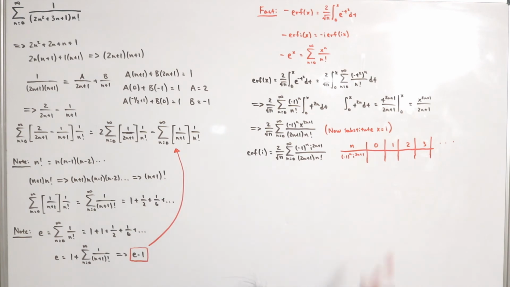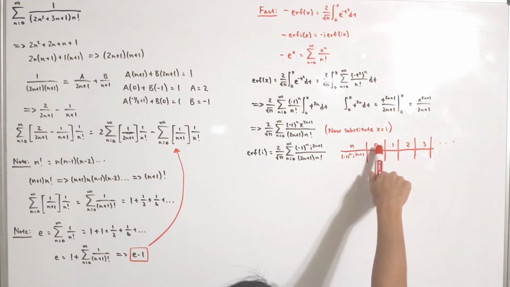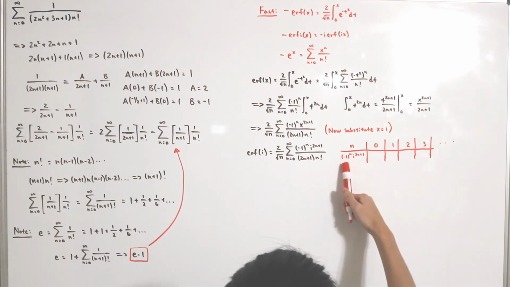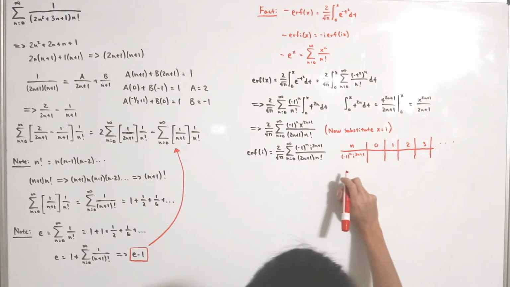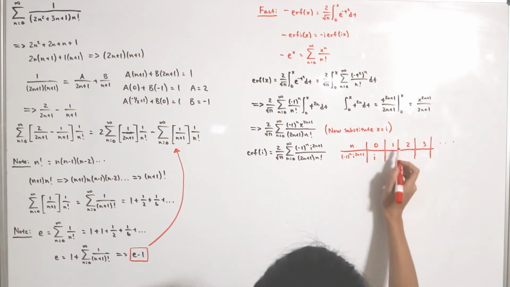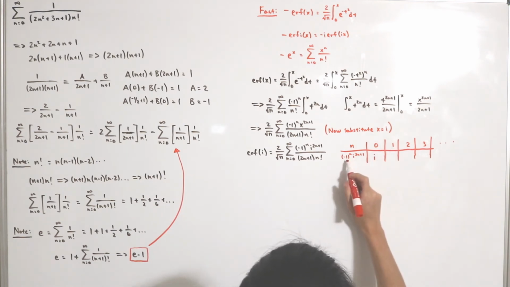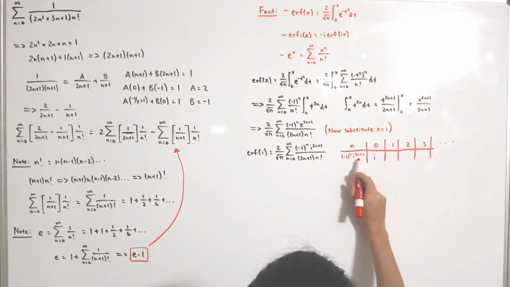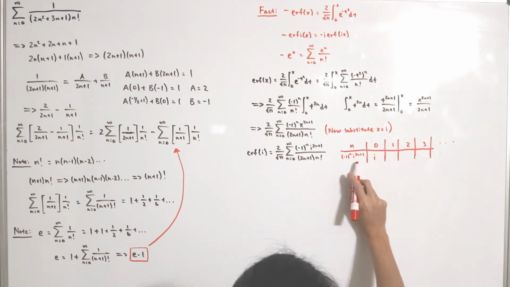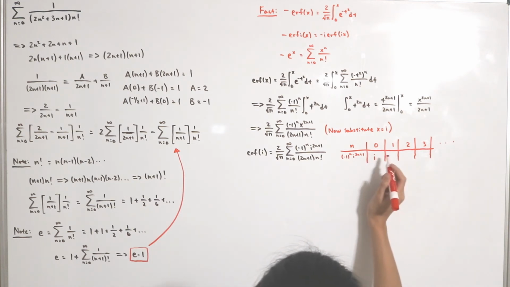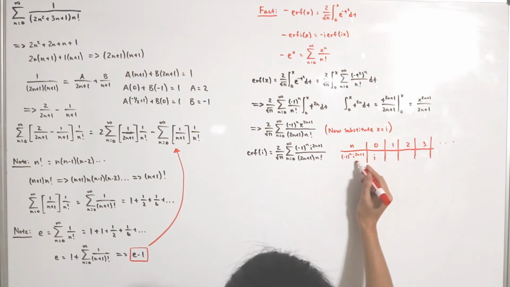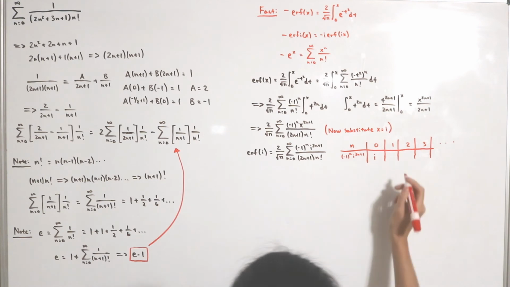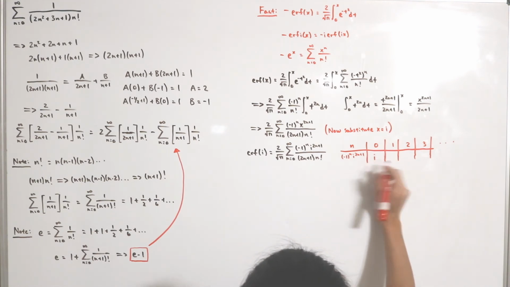Now notice that if we plug 0 in for n, negative 1 to the 0 power is just 1, and then 2 times 0 plus 1 is 1, so we get i. Next, if we plug in n equals 1, 2 plus 1 is 3, so i to the power of 3, and then multiplying by negative 1, that means this is actually equal to i.